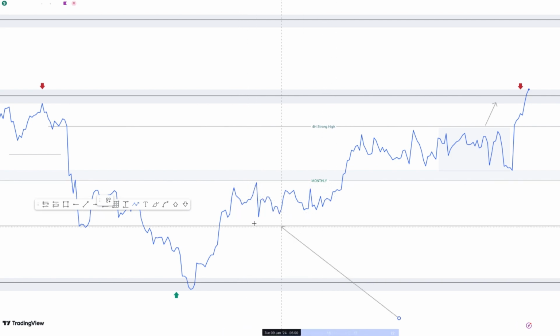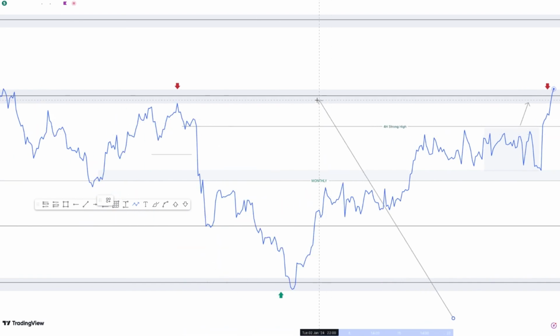As you can see, this wall structure is the correction, which means we have the other impulsive moves. You can see along these key points right here is our monthly level, which is the pure active point. Now this is a strong resistance level.